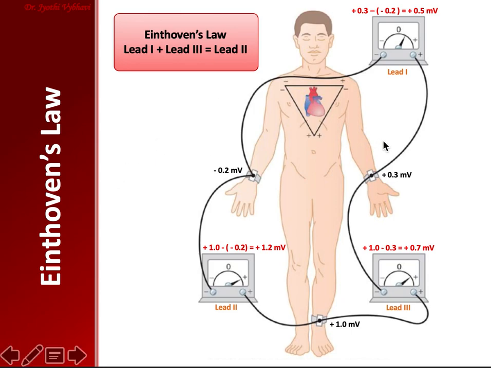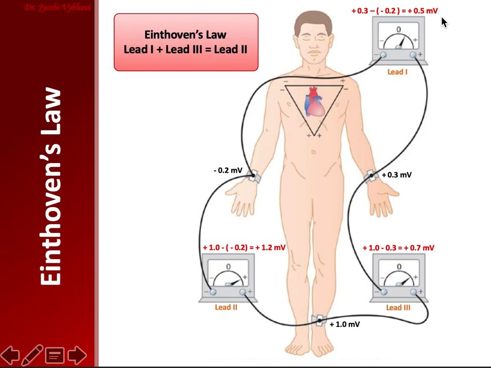Left arm is plus 0.3 millivolts, which is positive, and left leg is 1 millivolt. Okay, now let's calculate what happens to lead 1. Lead 1 is given by left arm minus right arm, right? Left arm plus 0.3 minus of minus 0.2. We get plus 0.5.